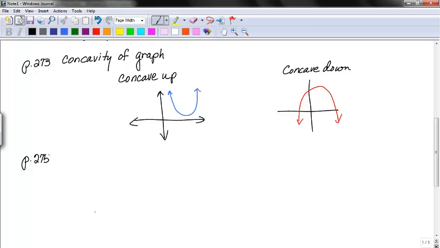On page 275 in the book, the author defines a point of inflection.